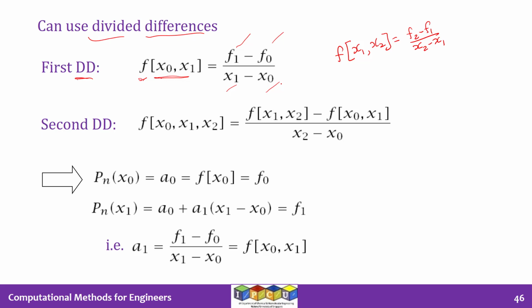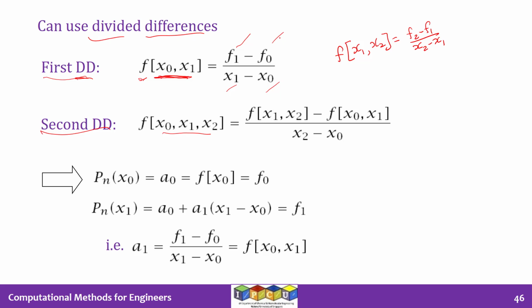Now, after we know how to define the first divided difference, we can have the definition for second divided differences. And that is something like this: f[x0, x1, x2]. For the first divided difference, you will need two symbols inside the square brackets. For the second divided difference, you will have three symbols in the square brackets. So the second divided difference involving x0, x1 and x2 will be given by this expression.